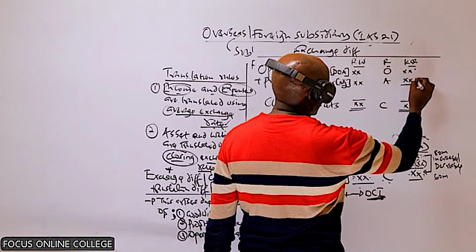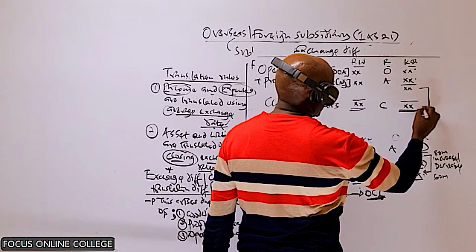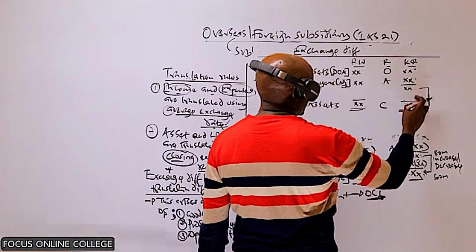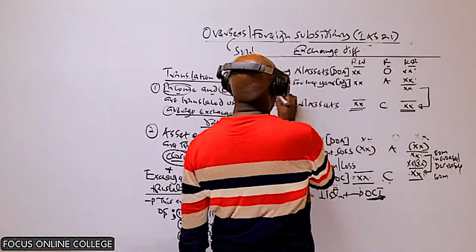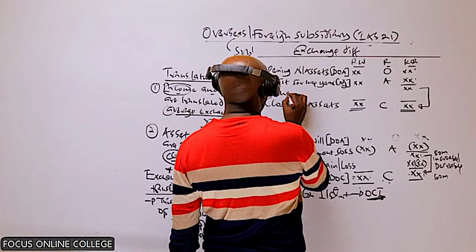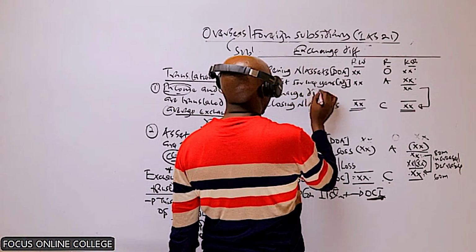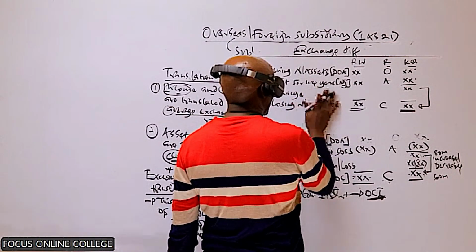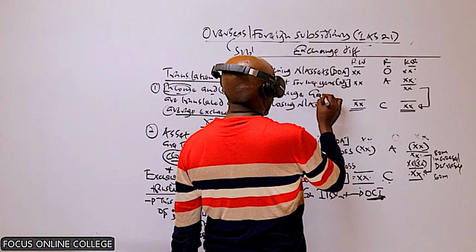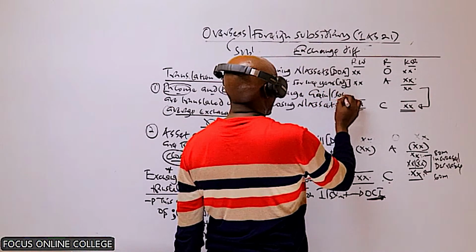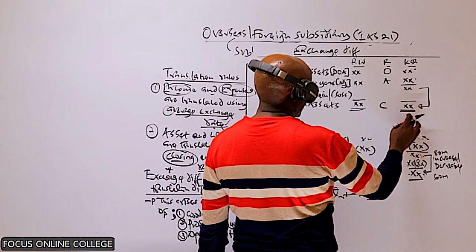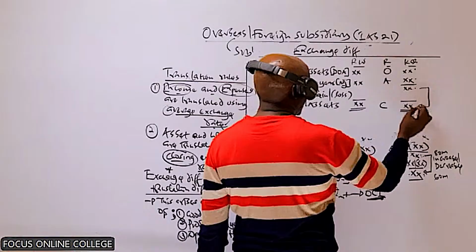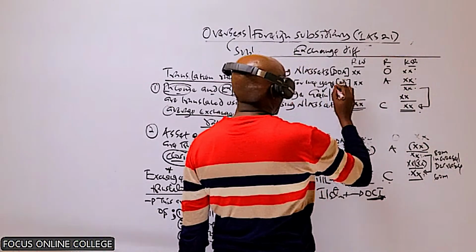And then we take this plus this, and we compare these two, just like what we have done down here. The difference which you get here is what is known as the exchange difference, which would be the exchange gain or the exchange loss. Remember, this is net assets, so just like goodwill, if from this to this we have an increase, it is an exchange gain.